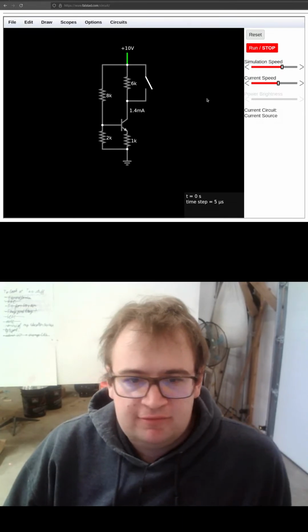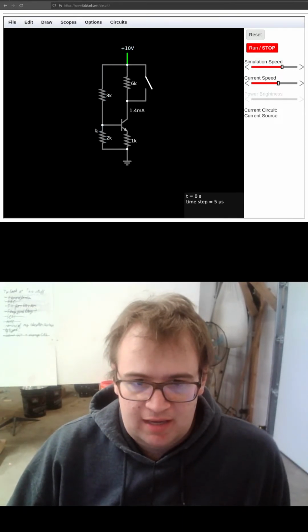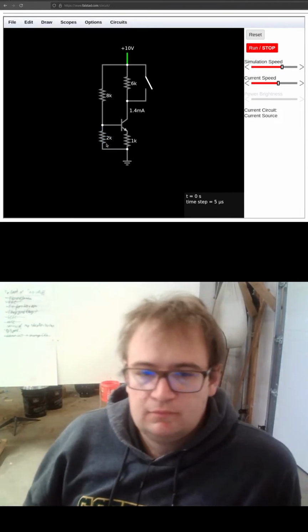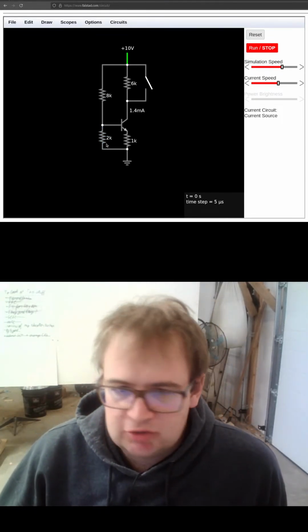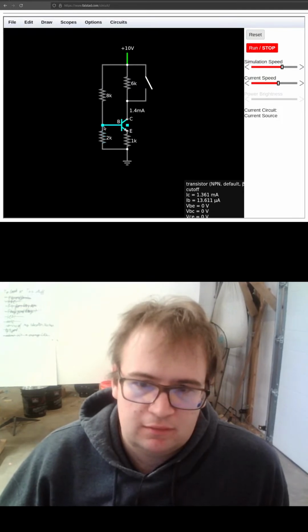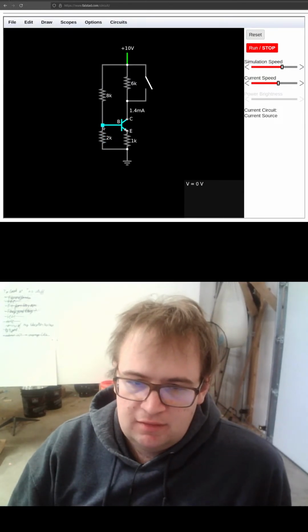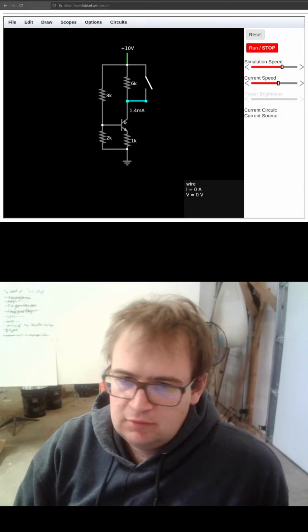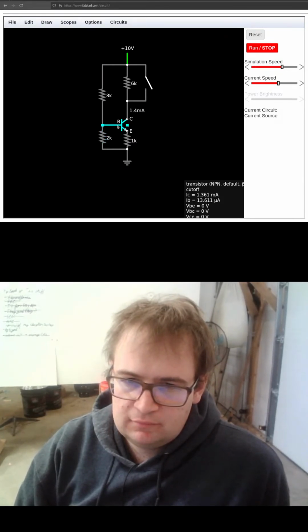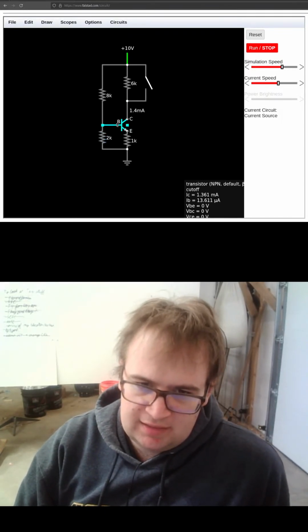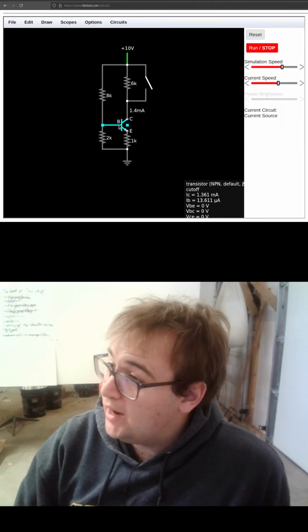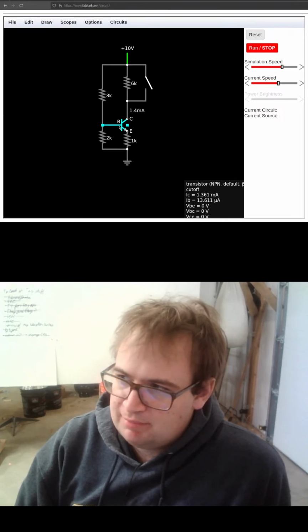We will have a milliamp flowing through here. At this point, I believe they usually say about a tenth of that will go through here, or go into this base. So that would be about 0.1 of a milliamp, or a tenth of a milliamp.